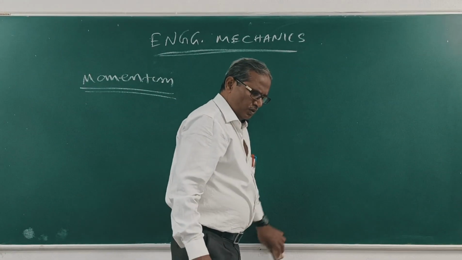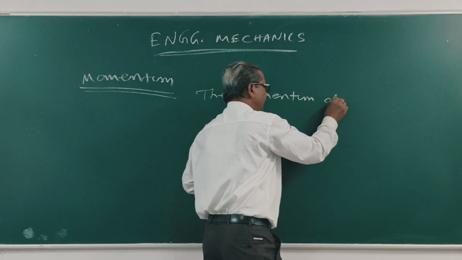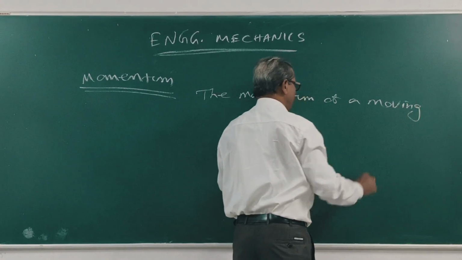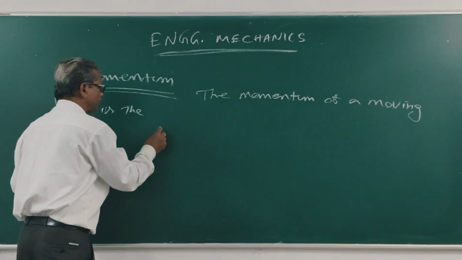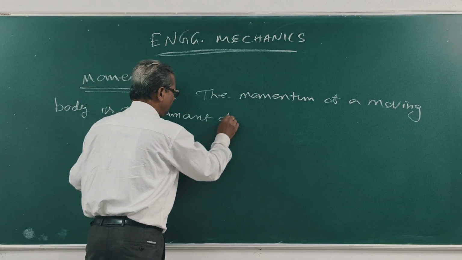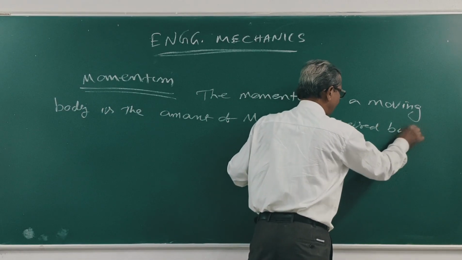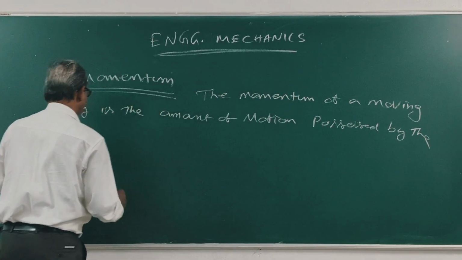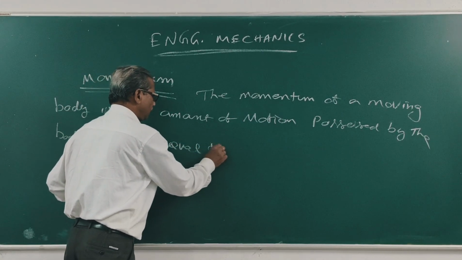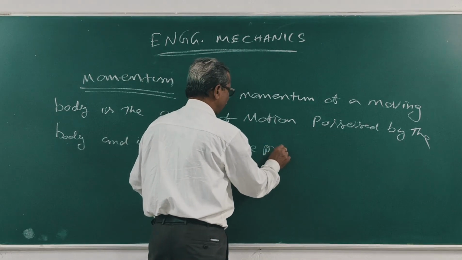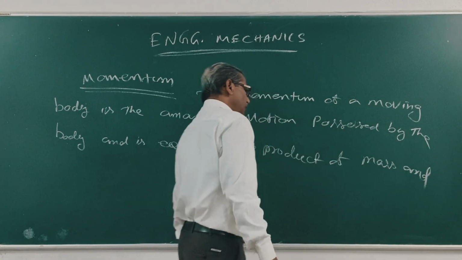Momentum. The momentum of a moving body is the amount of motion possessed by the body, and is equal to the product of mass and velocity of the body.